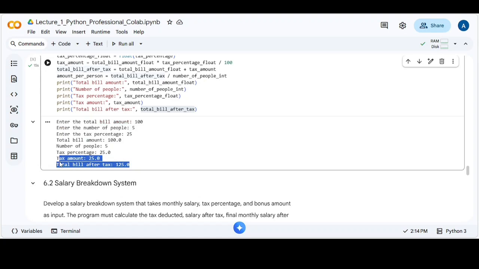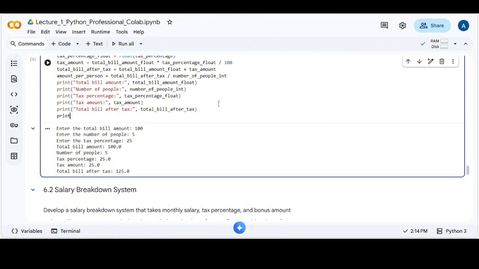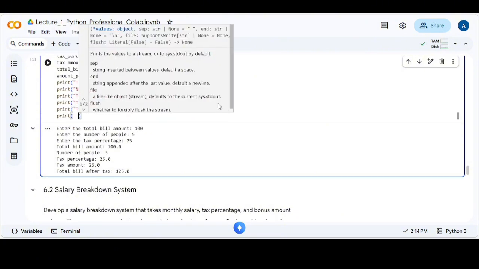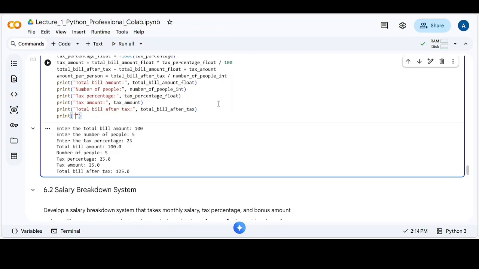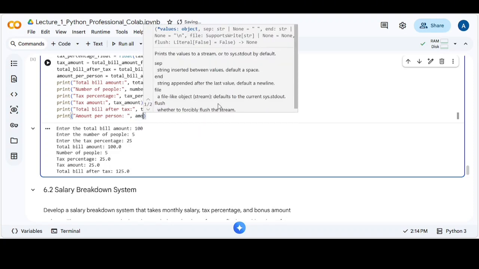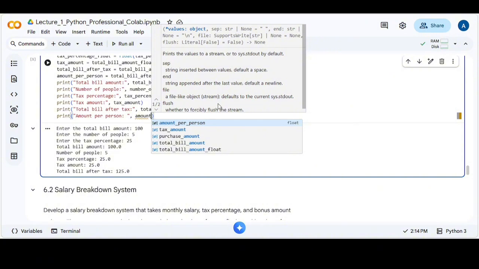bill would be, we can print it right now. Print amount per person, and we can just type amount per person.